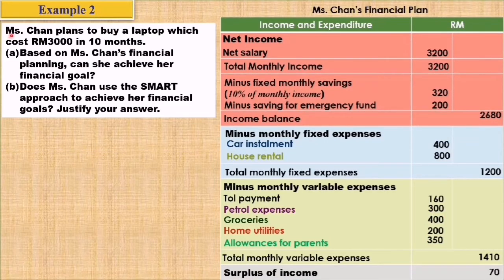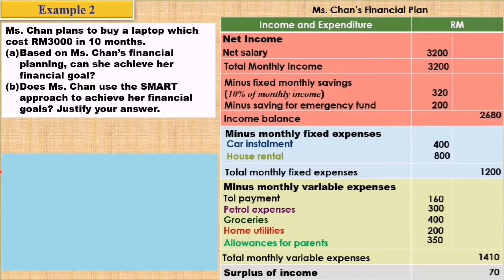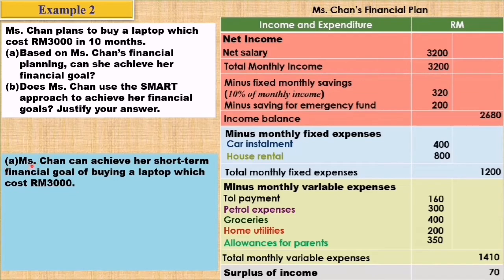Example 2. Miss Tan plans to buy a laptop which costs 3,000 in 10 months. Based on Miss Tan's financial planning, can she achieve her financial goal? Miss Tan can achieve her short-term financial goal of buying a laptop which costs 3,000.